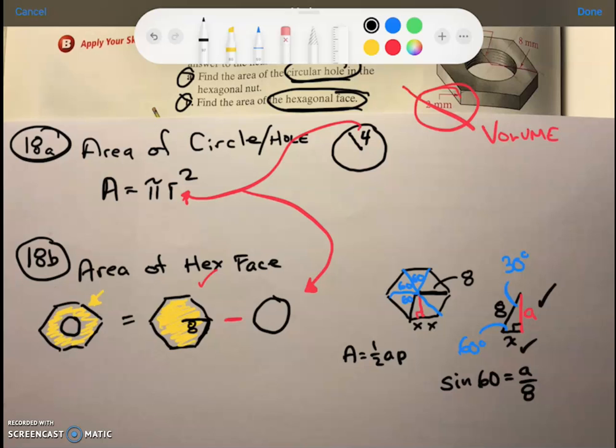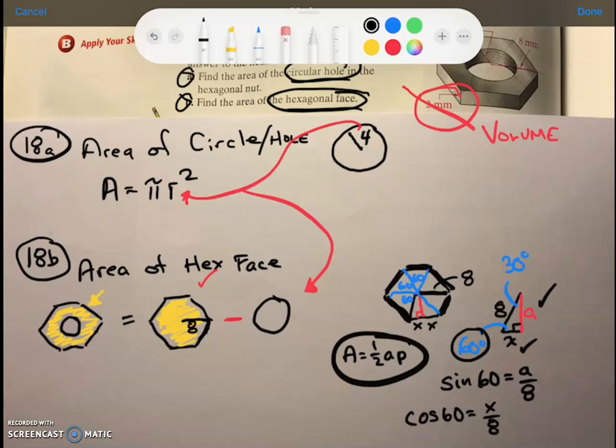You can again stand at 60 degrees here and say cosine of 60 is equal to adjacent x over 8. Once you have what x is, you just double it and you will get the side length. Each one of these sides, and of course there's 6 of them to make up the perimeter, put it all together, minus out the circle, and then you have the shaded region here, which is the hexagonal face.